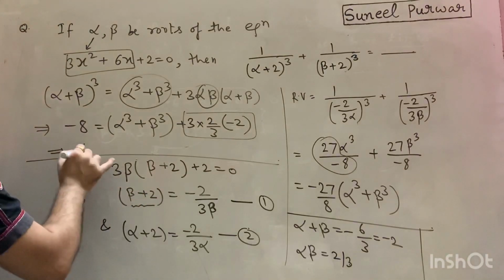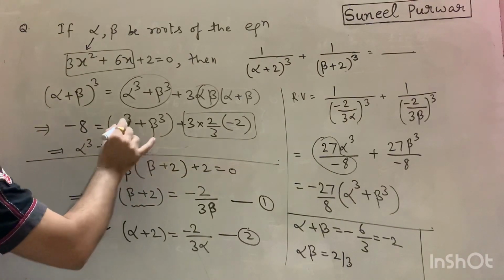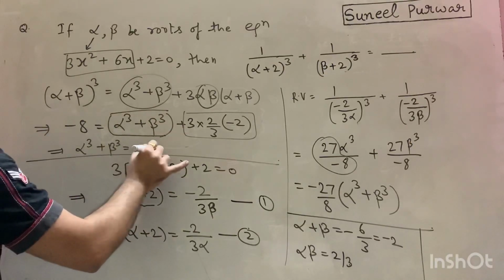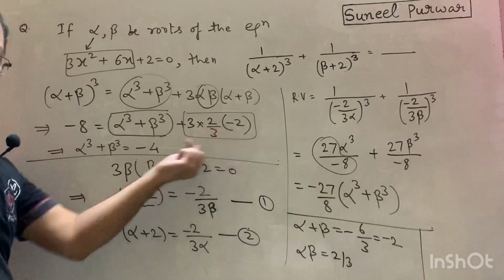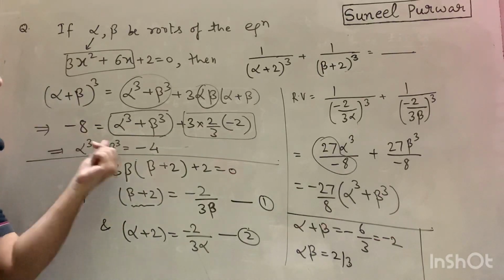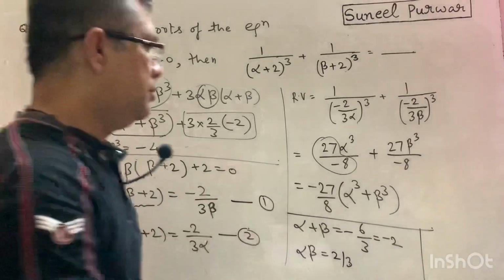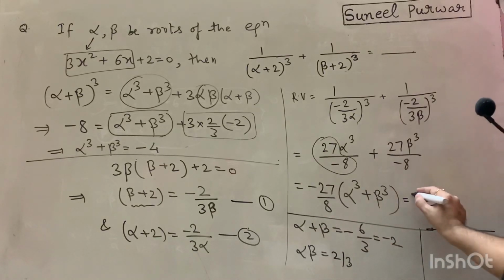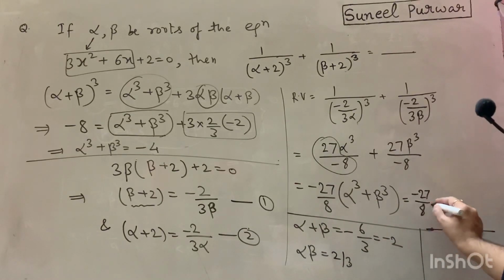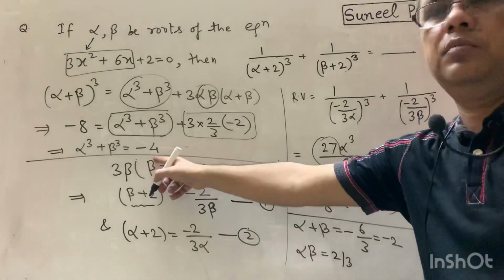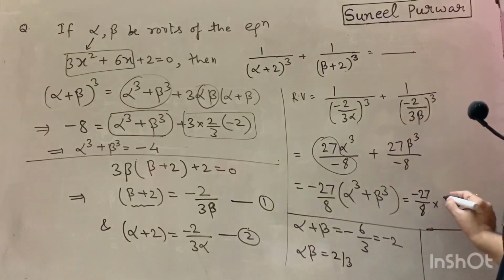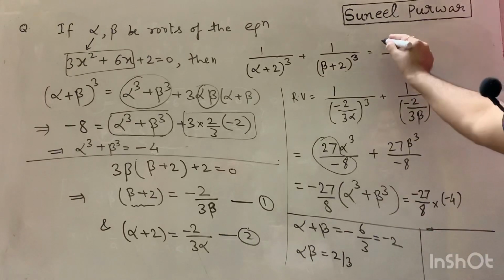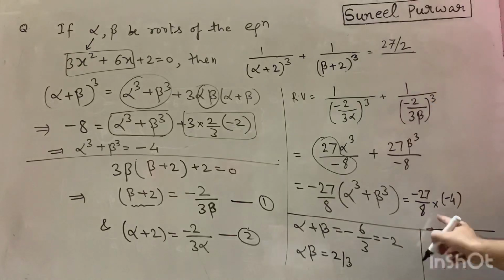So alpha cube plus beta cube is equal to minus 4 only. Put this number here: minus 27 by 8 into (alpha cube plus beta cube), which is minus 4. So your answer is 27 by 2.